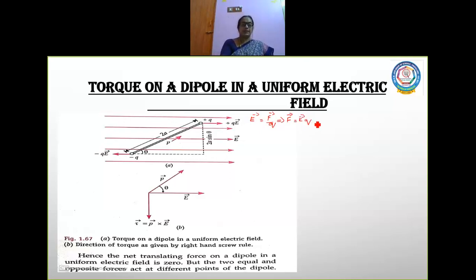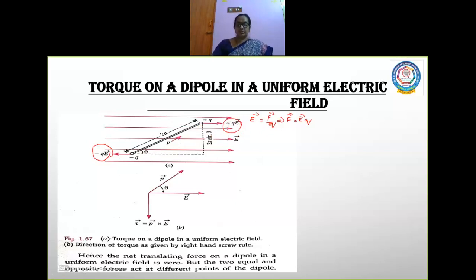So when you keep a charge in an electric field, as soon as it is kept, it will experience a force minus qE. This is the force experienced by the negative charge, and this is the force experienced by the positive charge. Now look at the direction of the force, children.